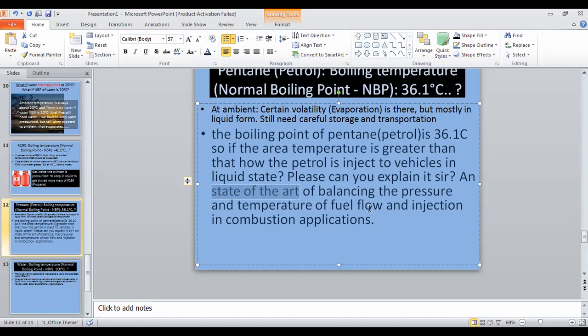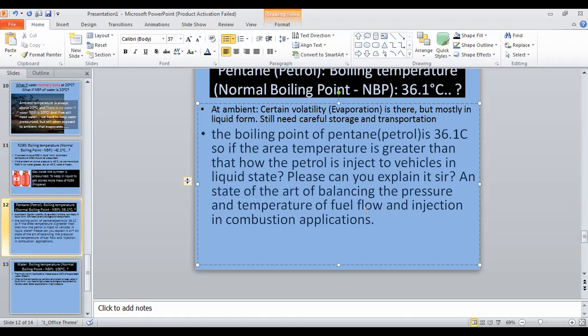Later you may be doing the modeling or the recognition of the technology. Initially, this comes as the art. So the art of balancing the pressure and temperature, fuel flow and injection in combustion applications. So I would say it that way. It's very interesting.